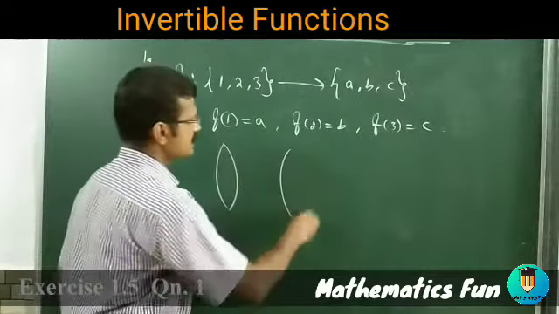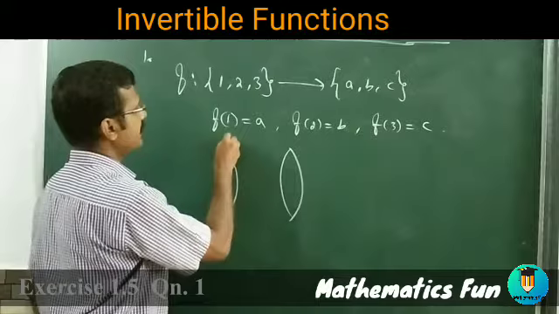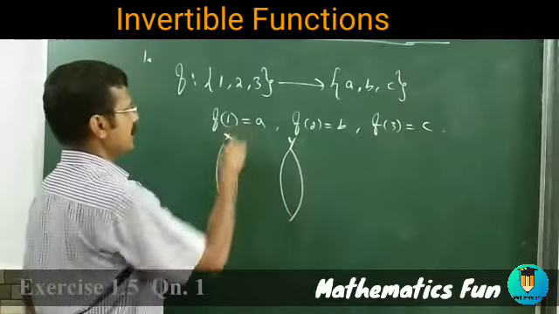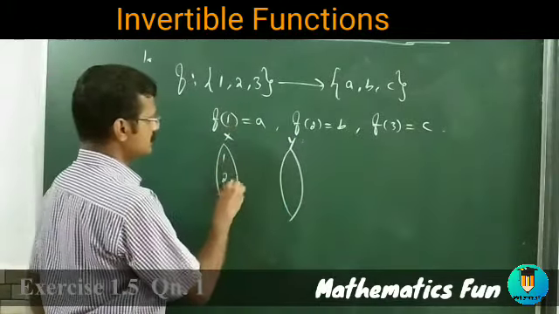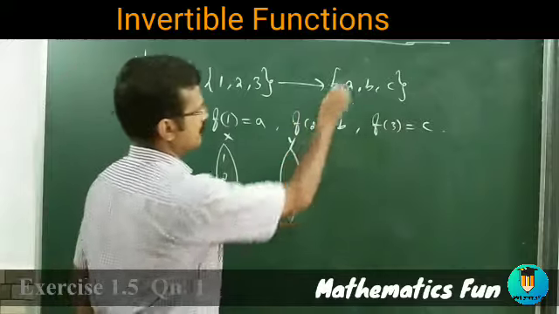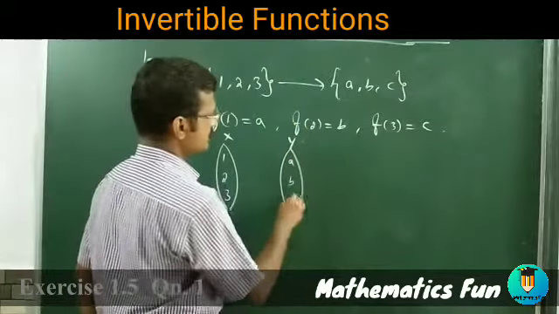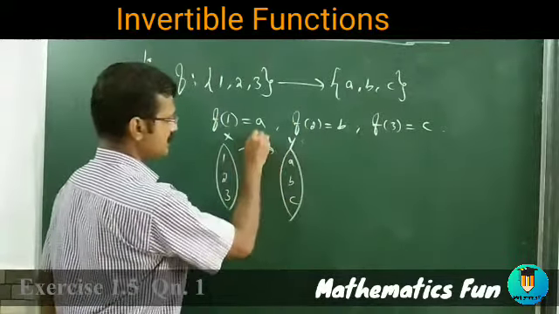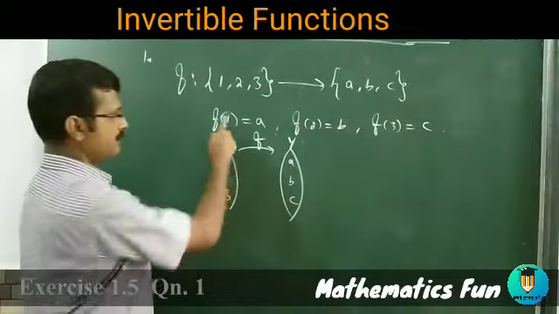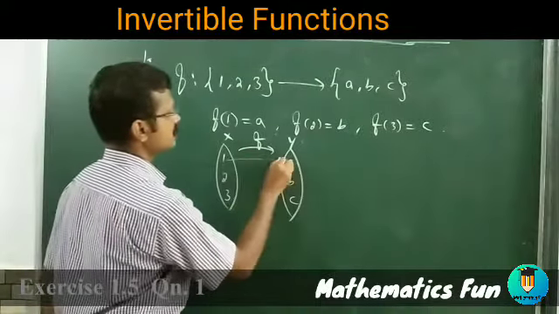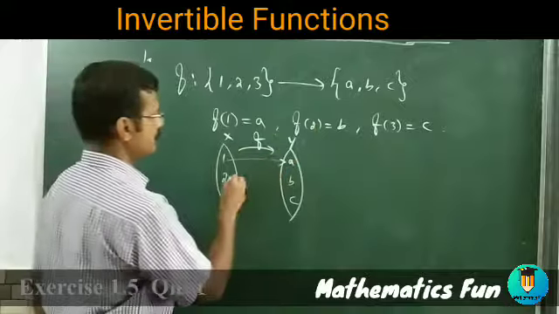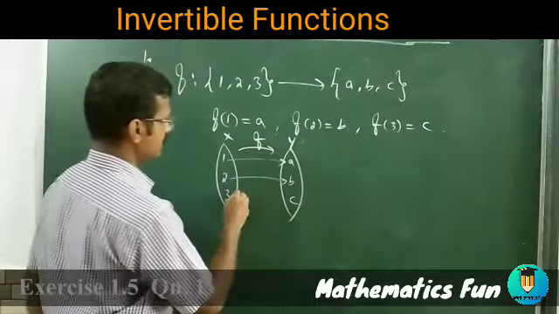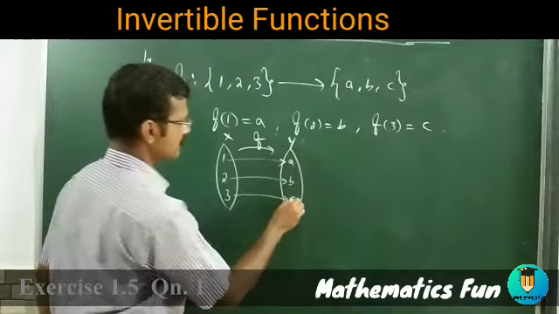Let this set be x and this be y. Elements of x are 1, 2, 3 and elements of y are a, b, c. The function is defined like this: f of 1 is equal to a, so this is connected there; f of 2 is b, f of 3 is c.